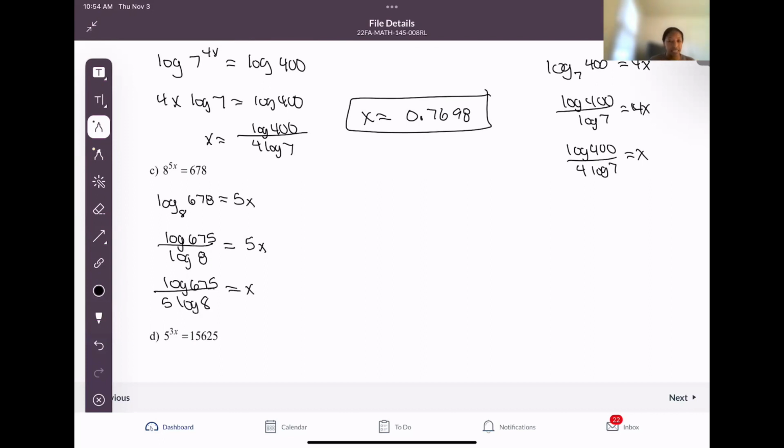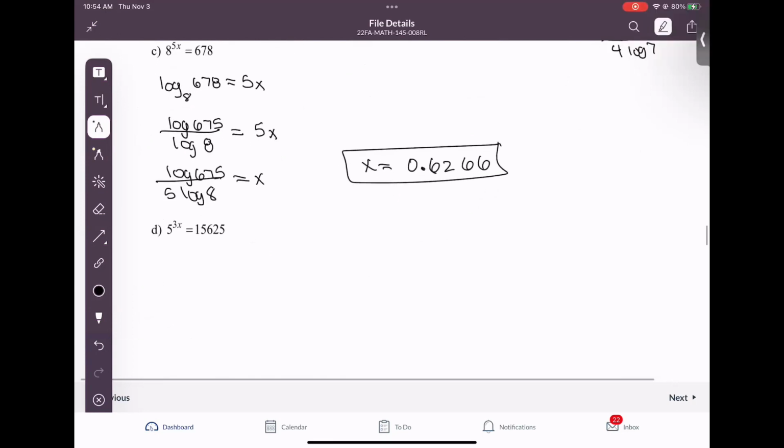Let's type this in and see if I get the same answer as Ashley. And I did. So x is equal to 0.6266. We went to 4 decimal places, so 0.6266. Yes, that's correct.